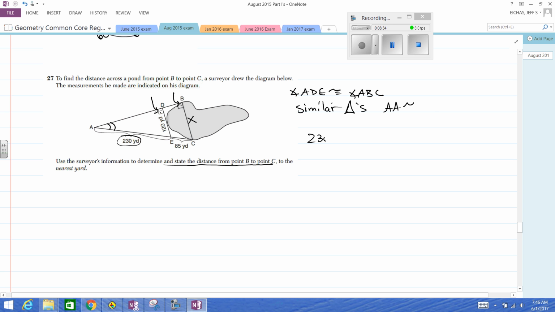It's going to be proportional to whatever 230 plus 85 is. What's that, 315? So you have to calculate that. The whole side is 315. Now the 120 should be on the top of the other fraction and x underneath. This is one way to do this problem.